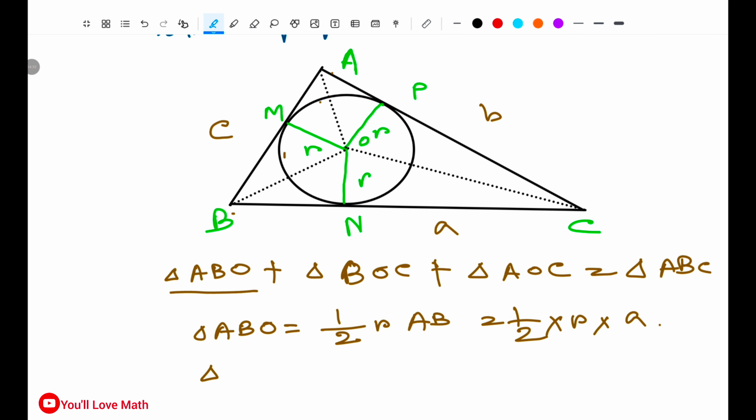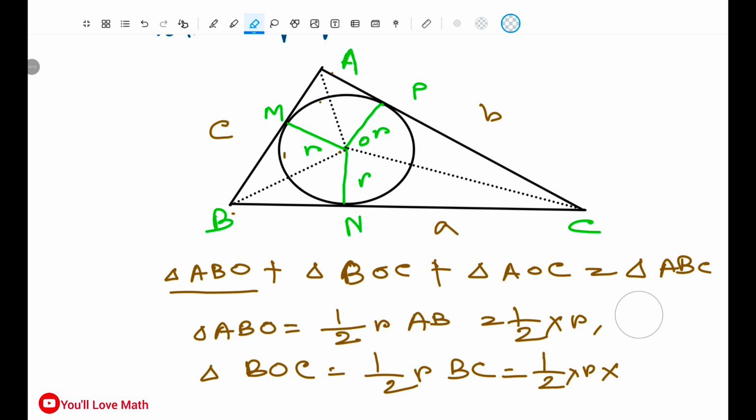For ABO, half into R into AB. Sorry, one thing: AB is basically c, a mistake.